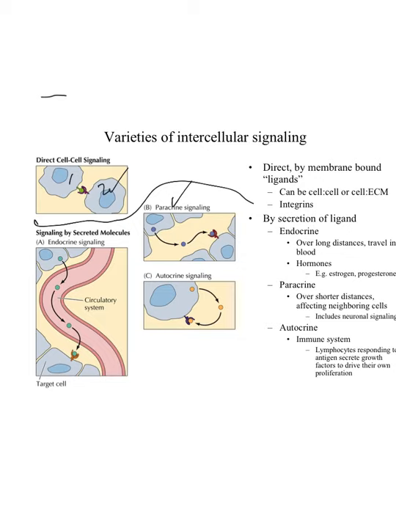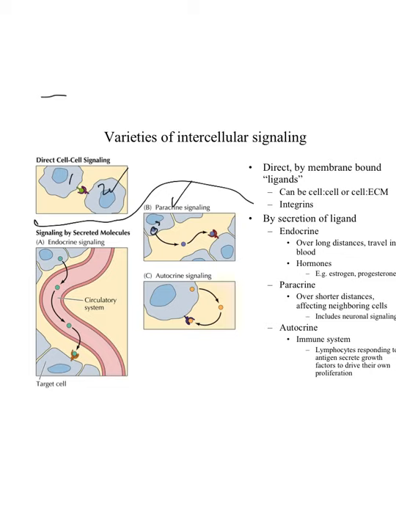It's called paracrine signaling. Paracrine signaling happens when a ligand is secreted from a ligand-producing cell, and then it travels over a short distance in the same tissue, typically, to then bind to a receptor on a neighboring cell. So this would be the ligand-producing cell. The little blue sphere is the ligand.